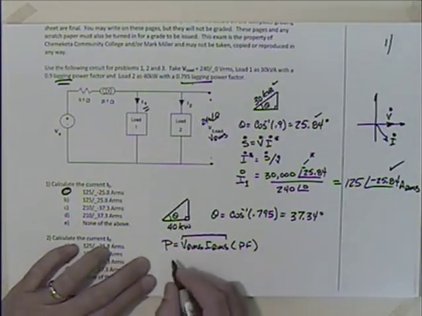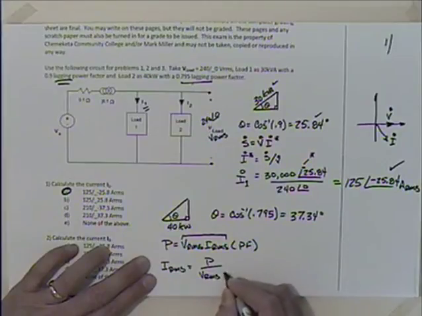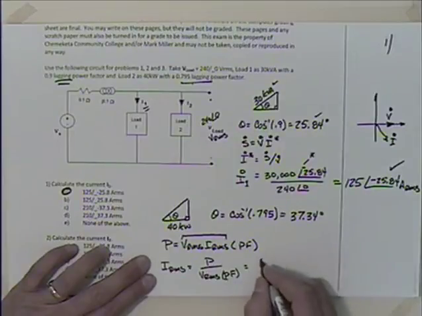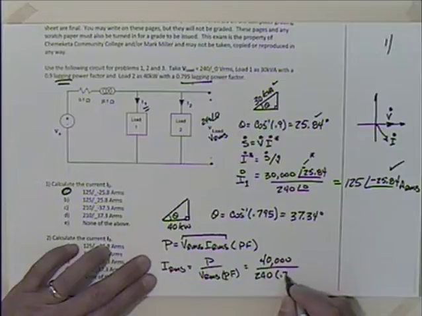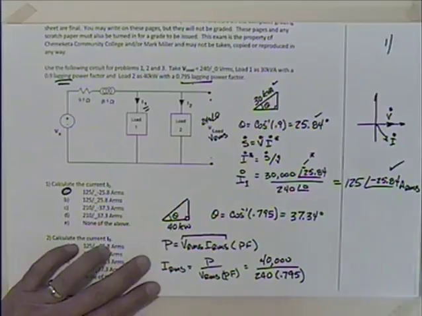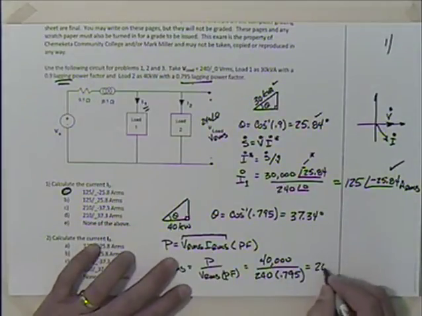I'm going to rearrange that to get my I RMS, which is equal to the power divided by V RMS times the power factor. So we have 40,000 divided by V RMS 240 and the power factor 0.795, which turns out to be, let me double check that, yep, 209.64.